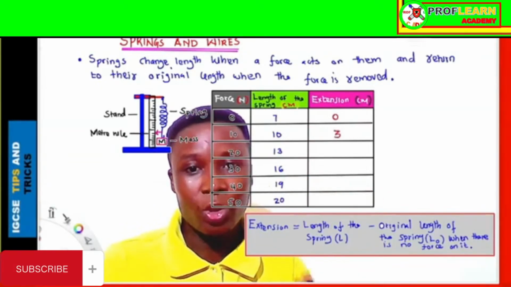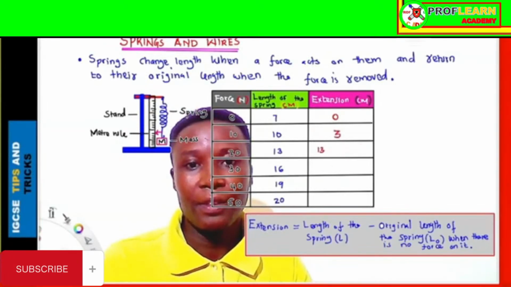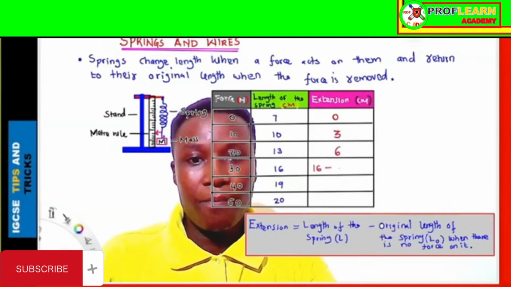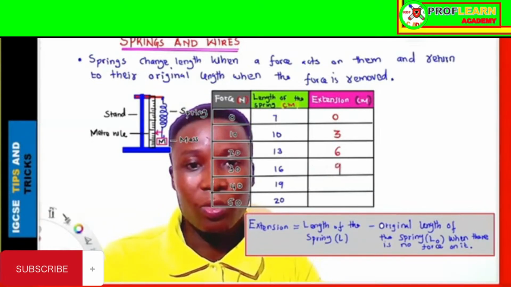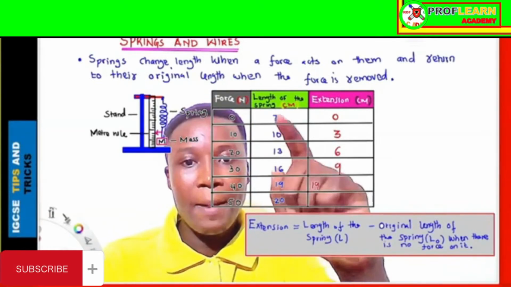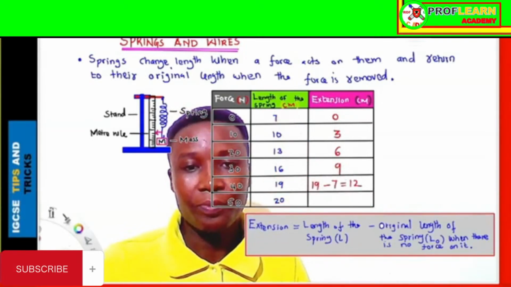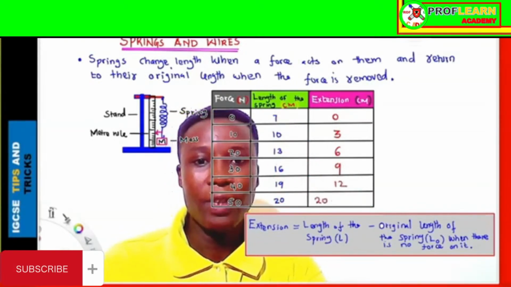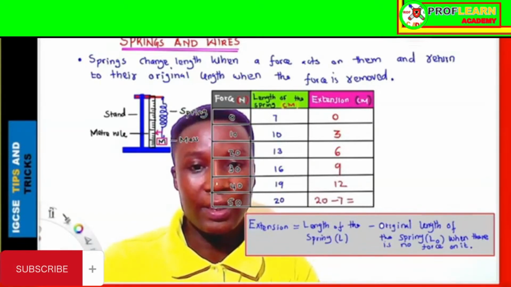That is an extension of 3 centimeters. The third one, 13 minus 7, we get 6, and we record that. The next one, 16 minus 7, is 9. Then 19 minus 7 gives us 12. And lastly, 20 minus 7 gives us 13. Finally, we record this.